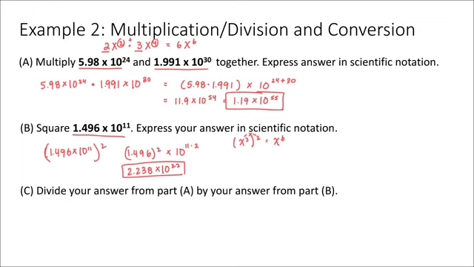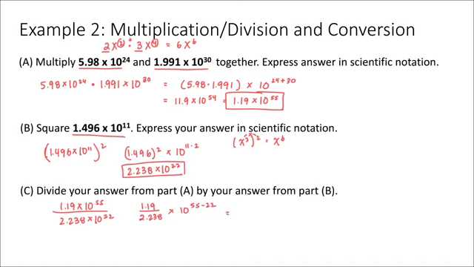Now, to complete this, we'll go ahead and divide our answer from part A by our answer in part B. That would be 1.19 times 10 to the power of 55 divided by 2.238 times 10 to the power of 22. Division works the same way as with variables: we subtract the exponents and divide the coefficients. So that would be 1.19 over 2.238 times 10 to the power of 55 minus 22.